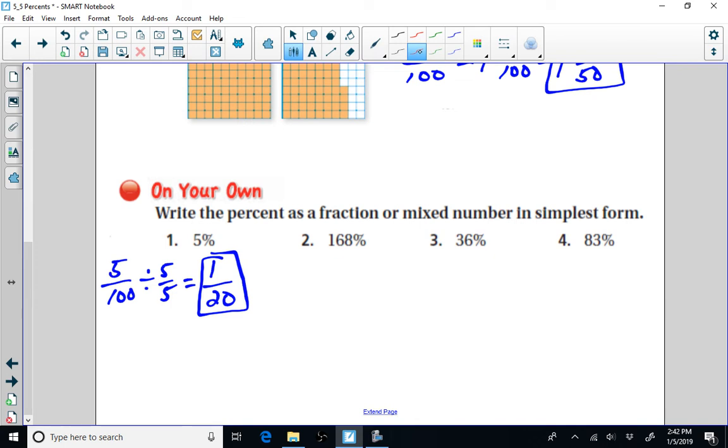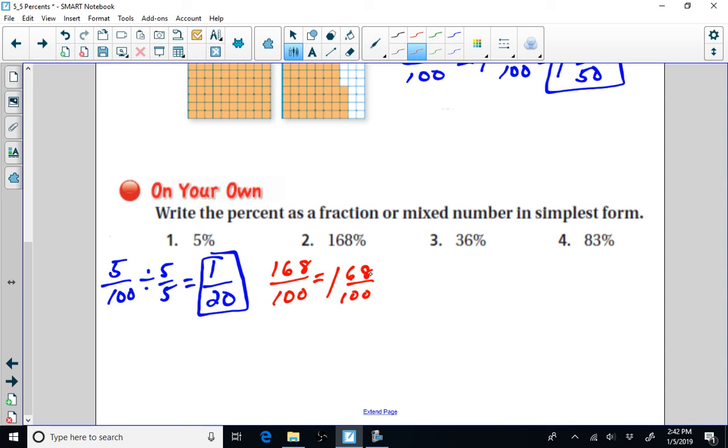168%. I write the percent as a ratio over 100. That's my first step. So that's going to be 168 over 100. And then I want to divide 100 into 168. 100 goes into 168 one time with 68 left over 100.